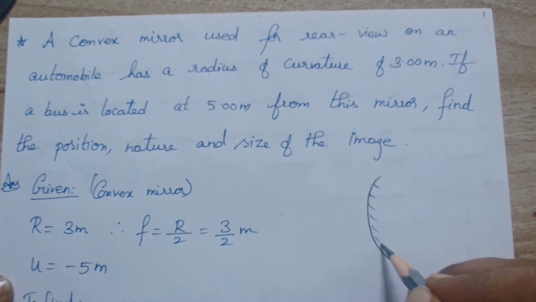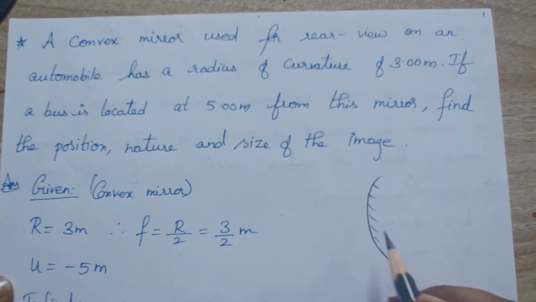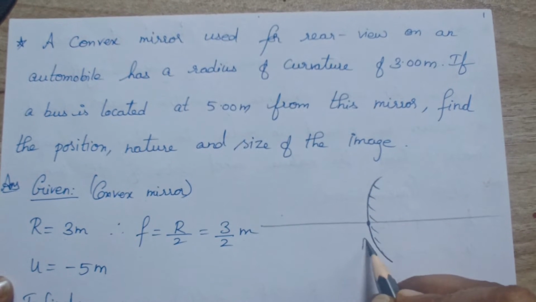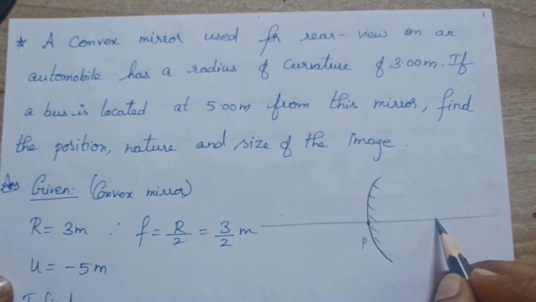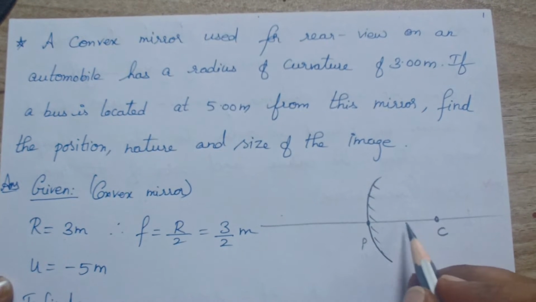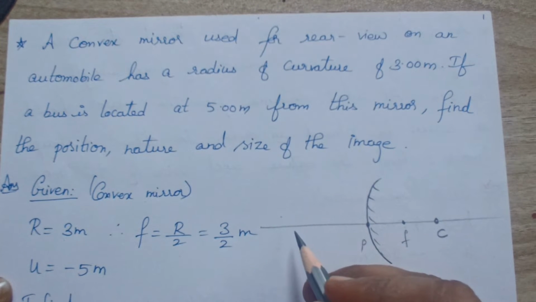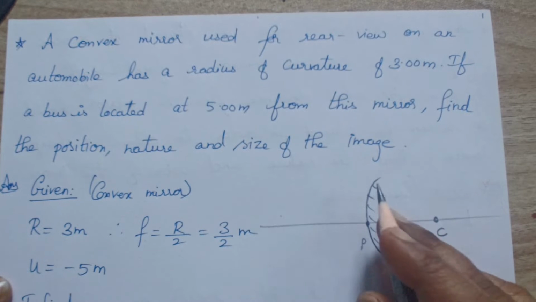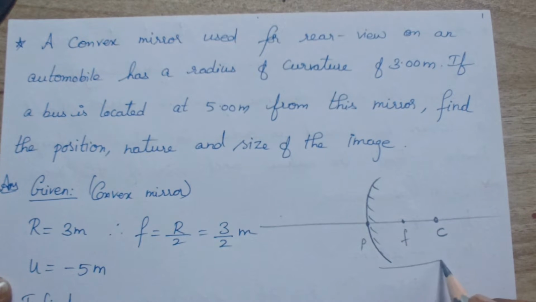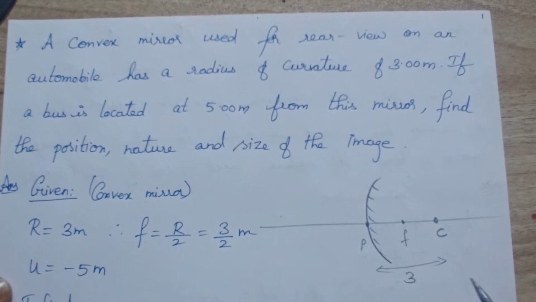This is a non-reflecting side, this is a reflecting side. This is the principal axis and this is your pole, here the center will be, and this might be your f, the focal length. The radius of curvature is a distance of 3 meter.